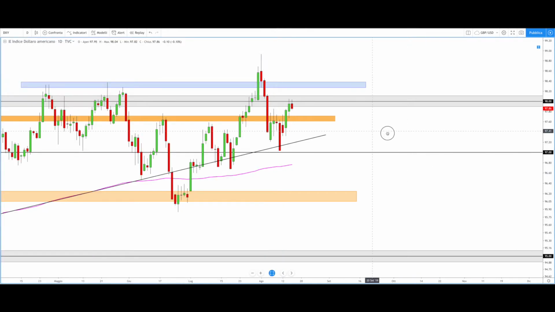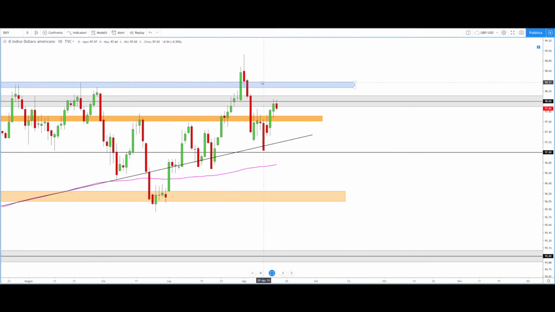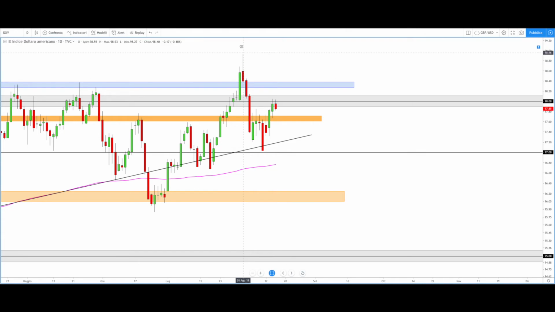Because also on the dollar index, we can see here on the daily time frame that the price formed a new multi-year high, but failed to go higher, and from this point the price started a huge bearish movement that brought the price to touch another time this bullish trend line and this key level 97 here.